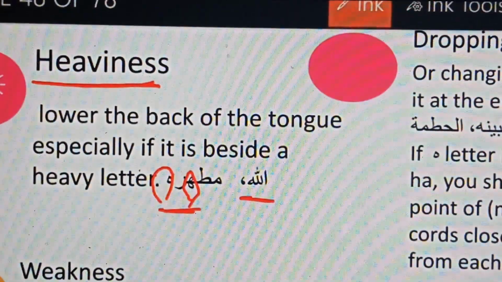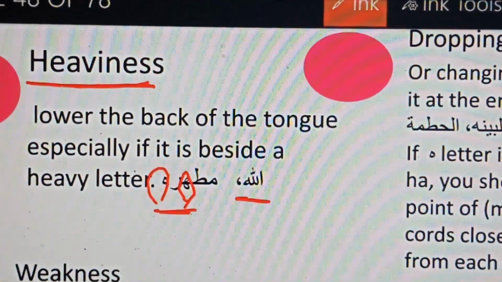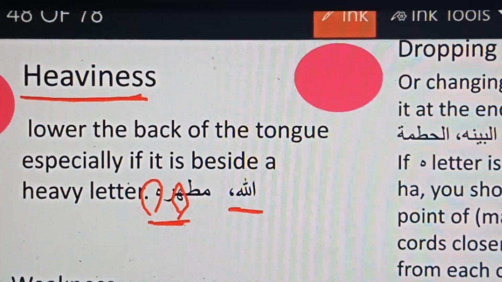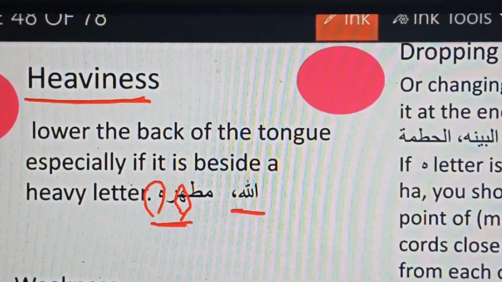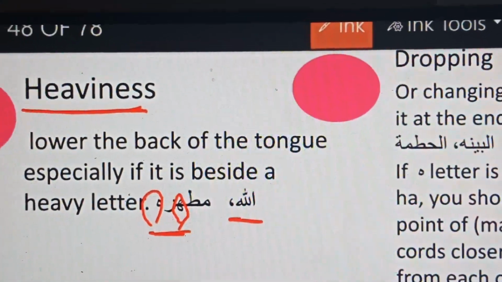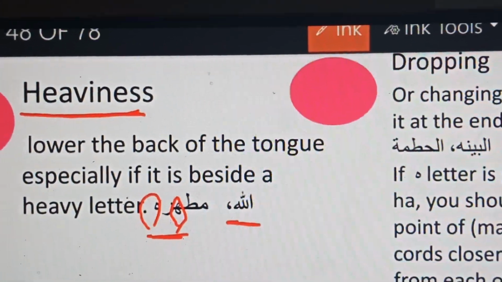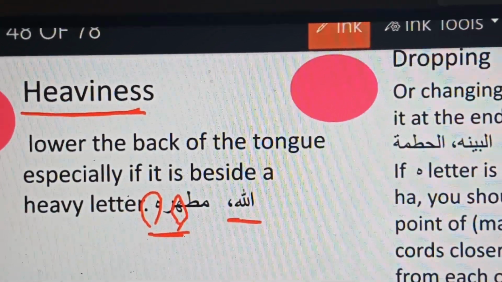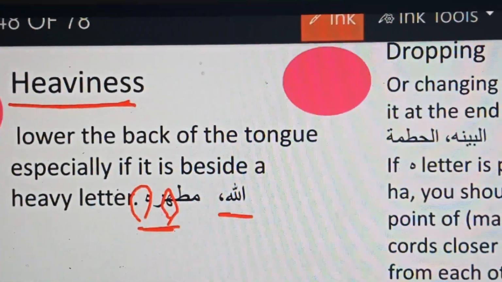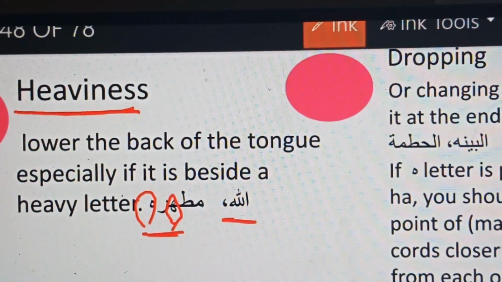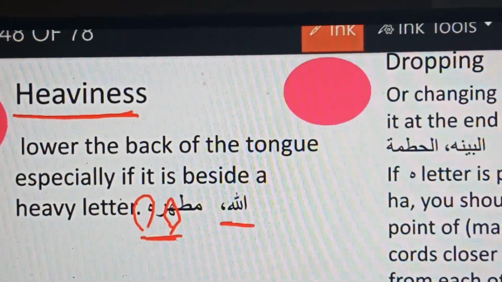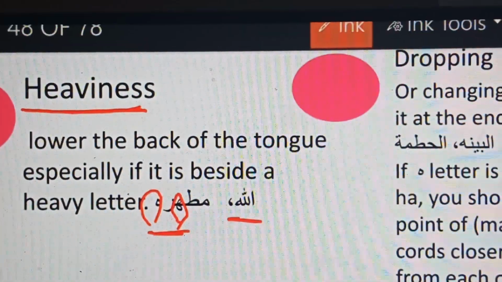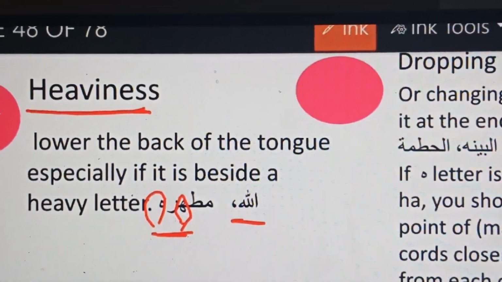Instead, elevate the tongue on the tah, then return the back to its position on the ha. So adding these three letters, meem, tah and ha: mutah, mutah.